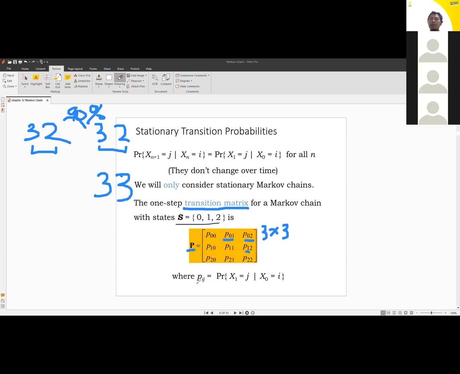And for each element, P_ij equals the probability representing that the previous condition is i and the next condition is j. Any questions?